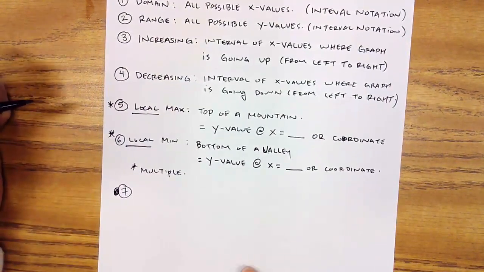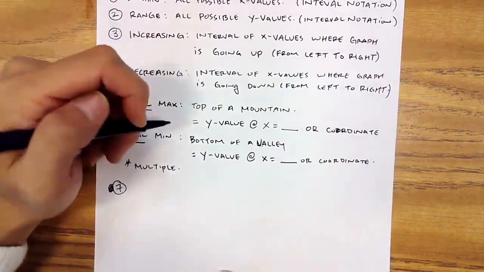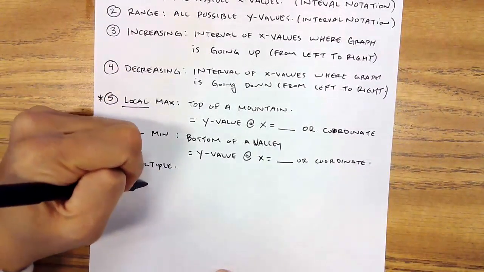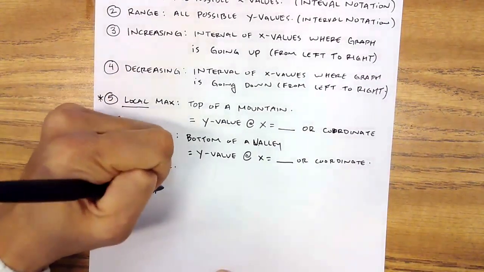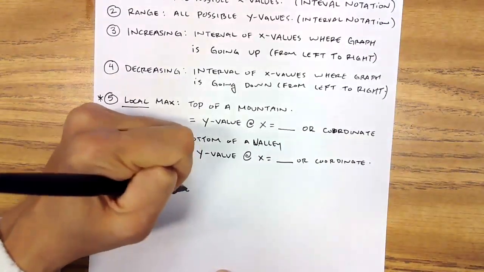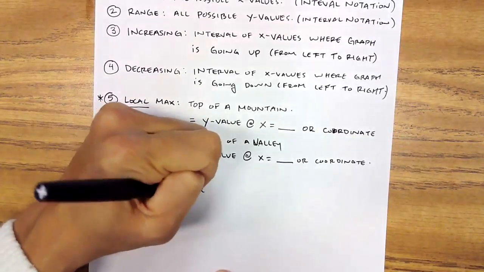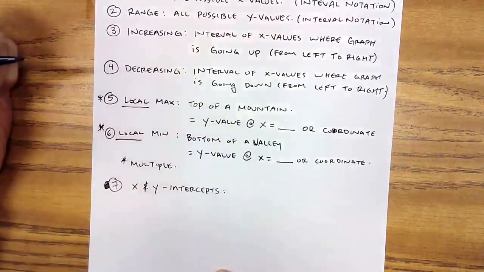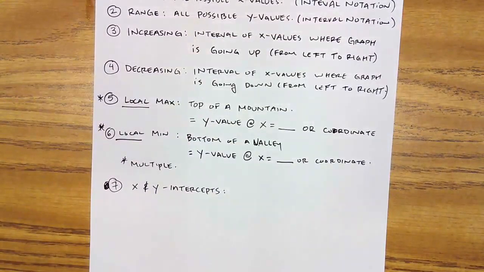Number 7, the last one, is your x and y intercepts. Okay, and I don't have to go over that because that's just what it is. Right?